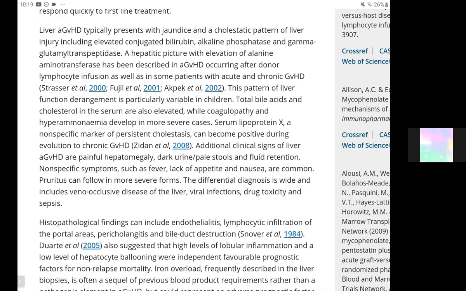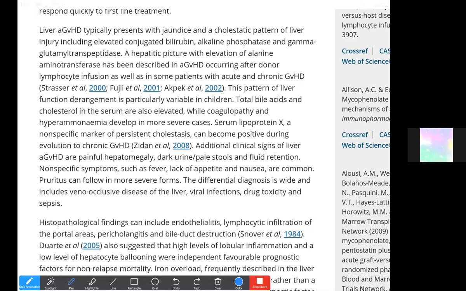So it's basically at the point where the gallbladder duct opens and joins with the hepatic duct. In that case, there's a cholestatic pattern of liver injury, because of which there is an elevated conjugated bilirubin.